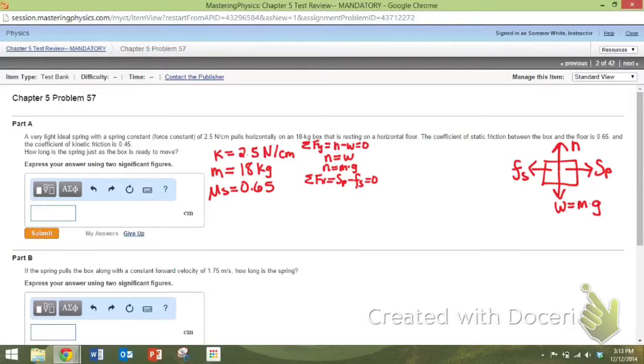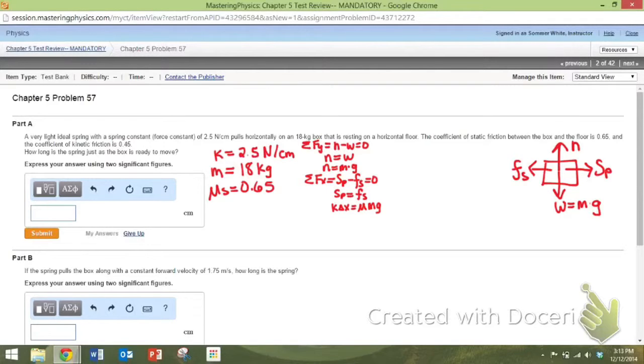We have equations for both the spring force and the frictional force. So when we find that the spring force is in fact equal to the static friction, we can do a little bit of substitution and rearranging. We know that spring force is equal to K x, so K delta x is equal to our frictional force, which is mu times N. We already found that N is equal to mass times gravity, so I'm going to substitute that right in.